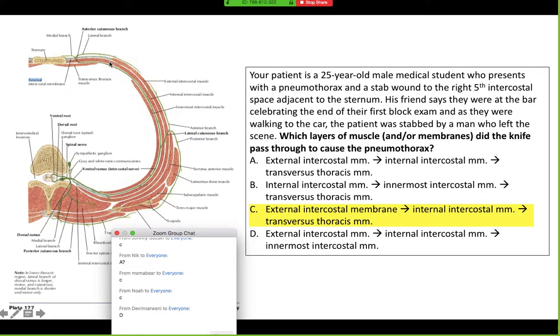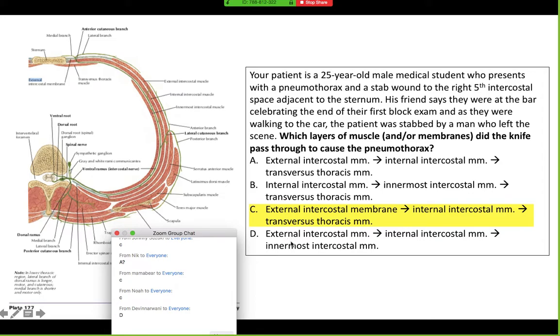If you look here, right here's the sternum. Right next to the sternum would be the external intercostal membrane, the internal intercostal muscle, and then the transversus thoracis. So if he was stabbed right here, this is the path that the knife is going to take.